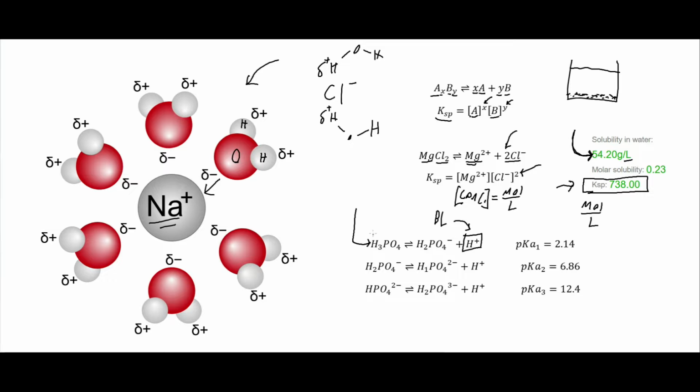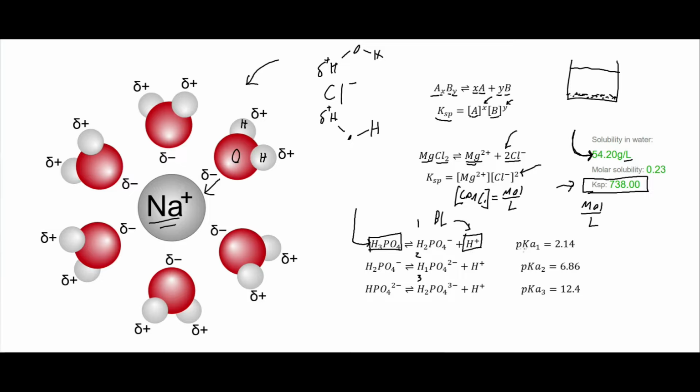H3PO4 has 3 H's on it, and so it can lose one of them, it can lose two of them, or it can lose all three of them. And those will have different solubilities.